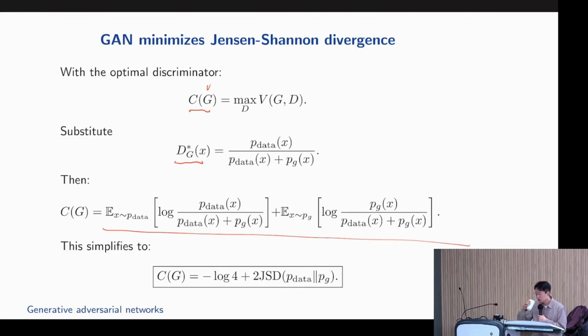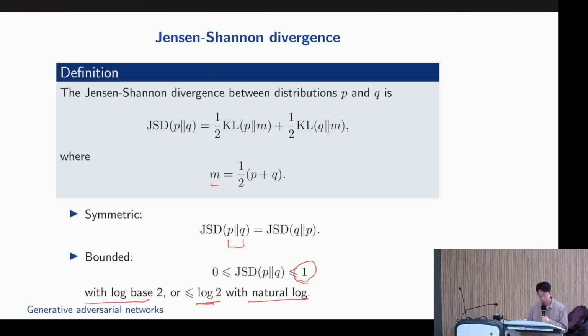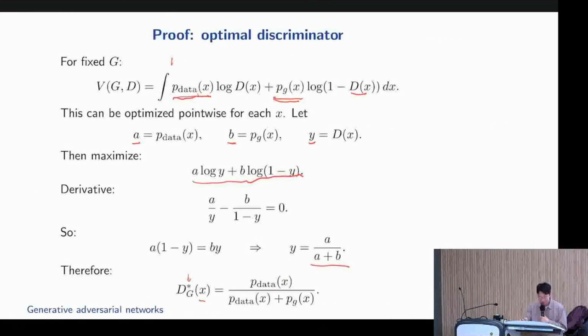Look familiar? So let's go back. JSD is KL between P and M and Q and M, where M is the average distribution. So you work out the math.